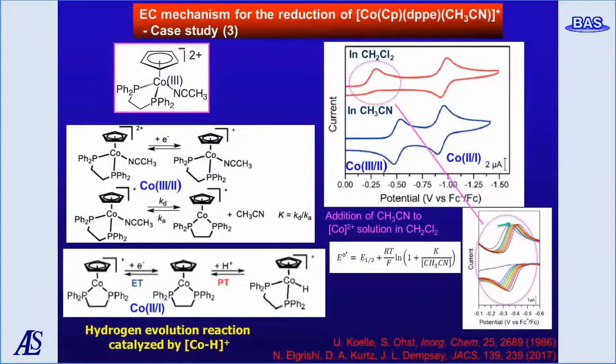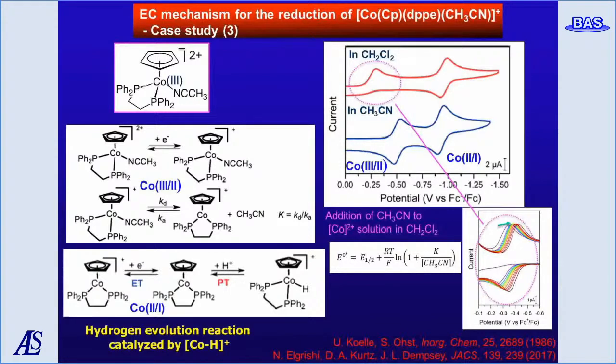As case study 3, I'd like to show you a recent electrochemical study of EC mechanism of the cyclopentadienyl 1,2-bis-diphenylphosphino ethane acetonitrile cobalt dication, as shown.